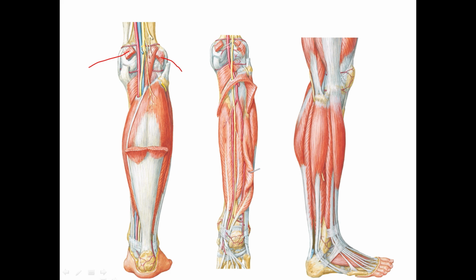Then a very small muscle we can see here, that is our plantaris muscle. Under that there is another one that here we can see, that is the popliteus muscle. Then we can see here the soleus muscle, and then the cut part remaining of the gastrocnemius muscle.